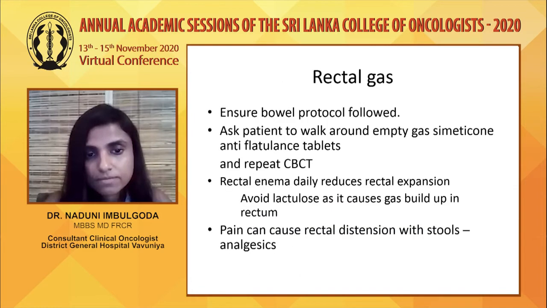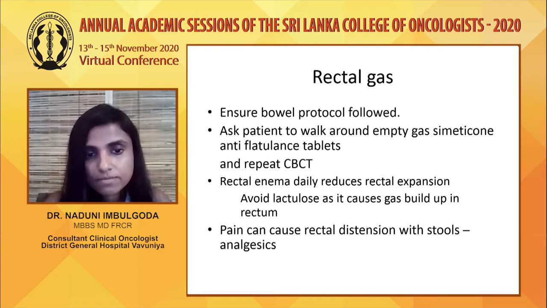So rectal gas is a big issue in pelvic plans, so we need to ensure a proper bowel protocol is followed. For this patient, with the large rectal gas, we can ask the patient to walk around and empty gas, and sometimes simethicone, which is an anti-flatulence tablet, helps, and then we can do a repeat cone beam CT. Rectal enemas are quite helpful.